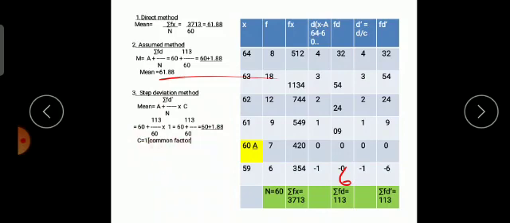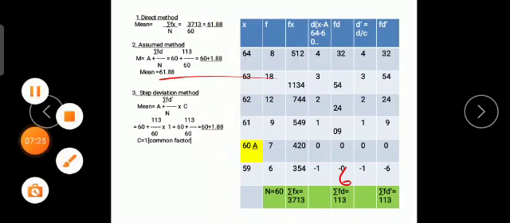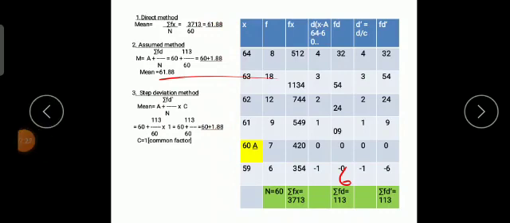I have written it in brackets for you. Now whichever method you are solving, the direct method, assumed mean method or step deviation method, the answer has to be the same, which means your problem is correct. So all three methods are giving the same answer, that is 61.88.